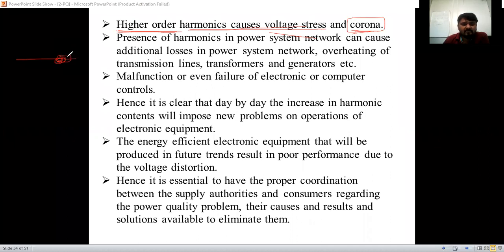Here some color, light violet, is what we call the corona effect in the electrical system. Corona is not new now, it has been there from before. That is called electrical corona, the corona effect.